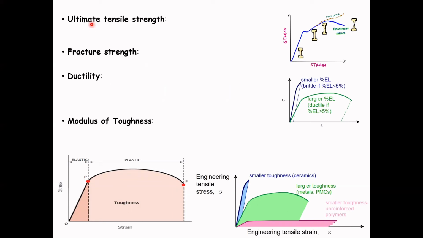And now we have ultimate tensile strength. So how can we define ultimate tensile strength? The ultimate tensile strength, often shortened to tensile strength or ultimate strength, is the maximum stress that a material can withstand while being stretched or pulled before failing or breaking. And tensile strength is the opposite of compressive strength, and the values can be quite different.